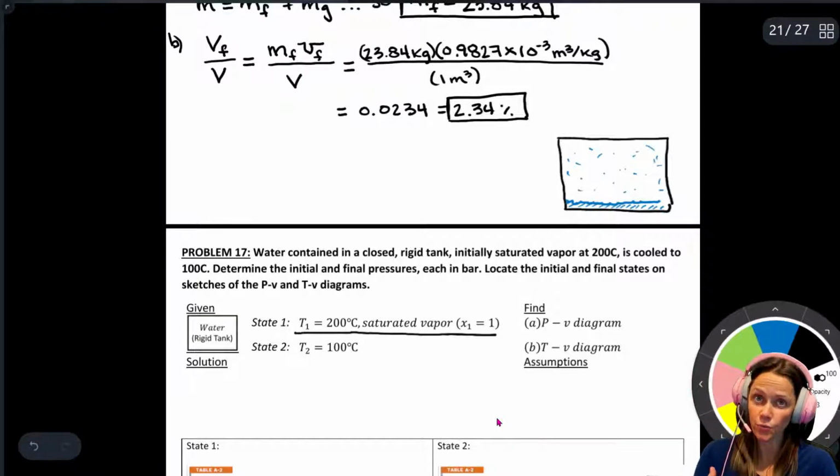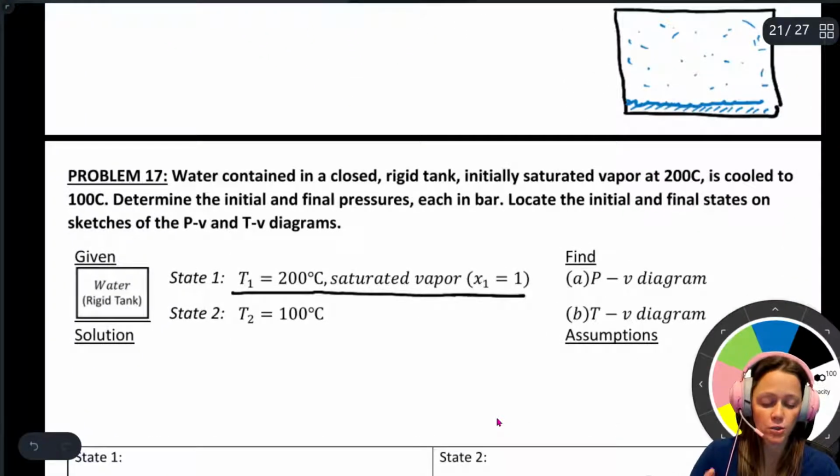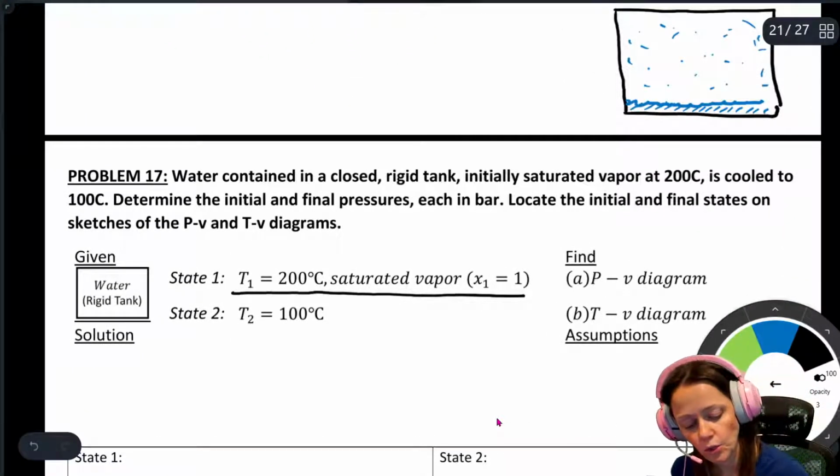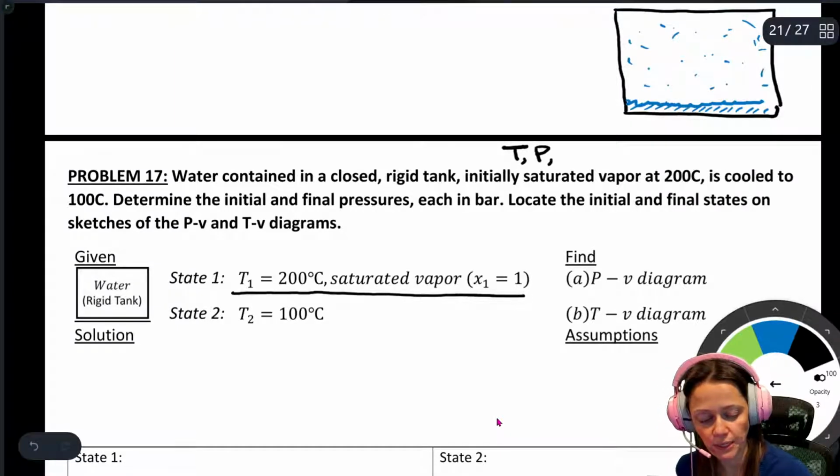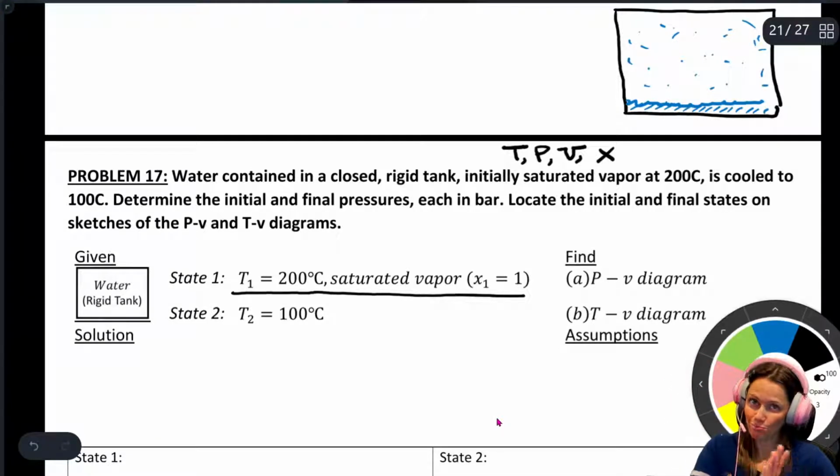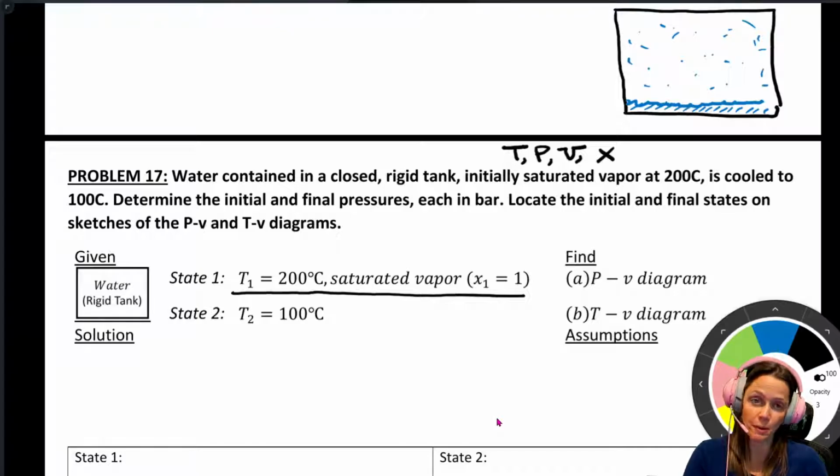And so when you write down your givens, you're always trying to be cognizant, looking out for what intensive properties they are giving me. And then as you go through the problem, maybe they aren't all given to you, and you might try to figure out which one of those you can figure out to fix the state.